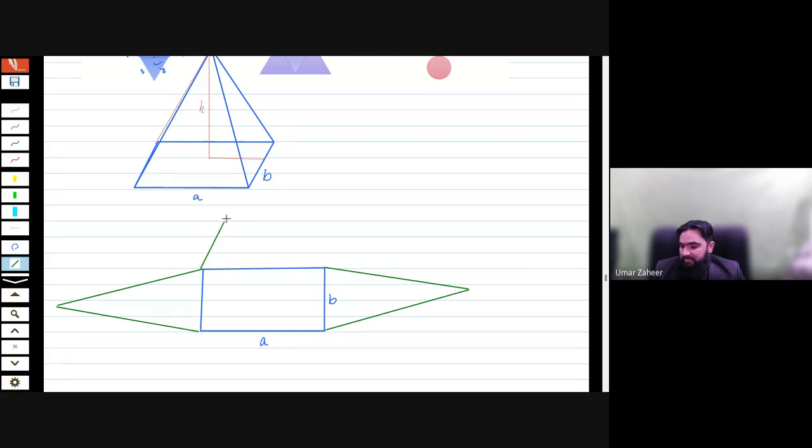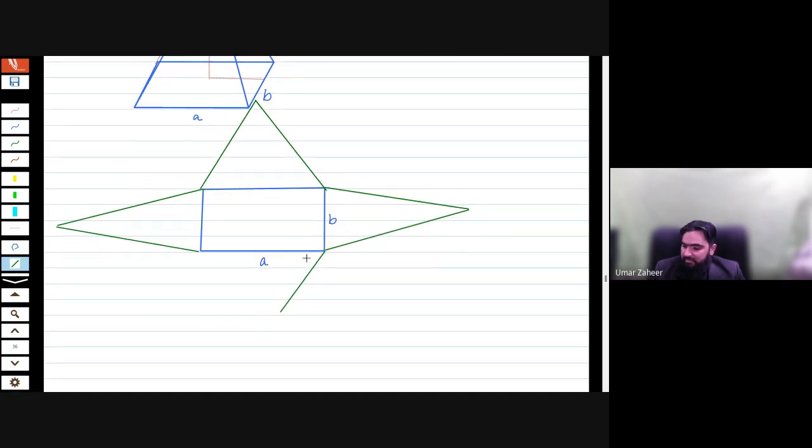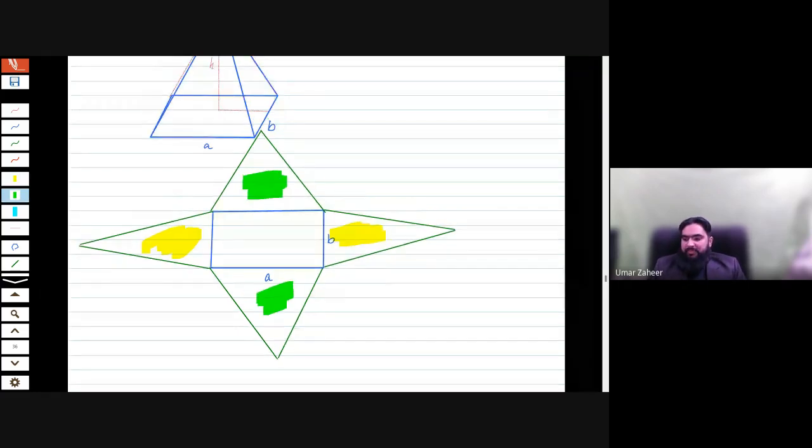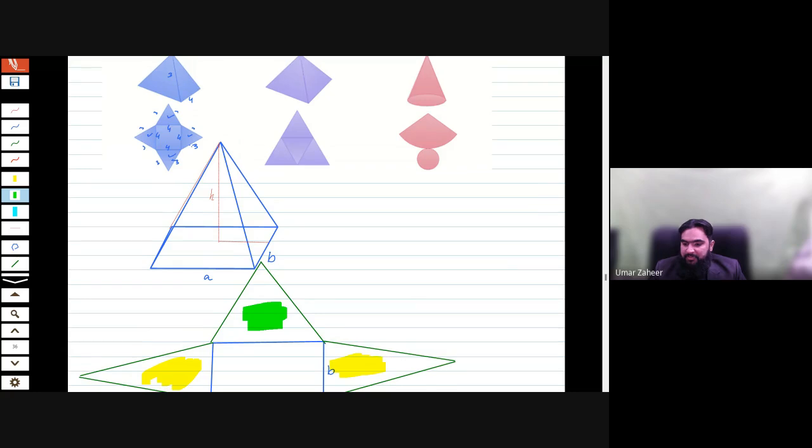In the same way, this triangle and this triangle are going to be the same. This one and this one will be the same, and this one and this one are going to be the same when the base is a rectangular base.